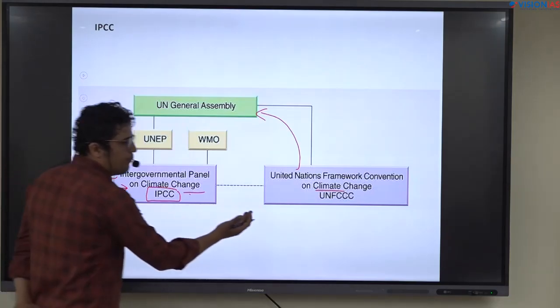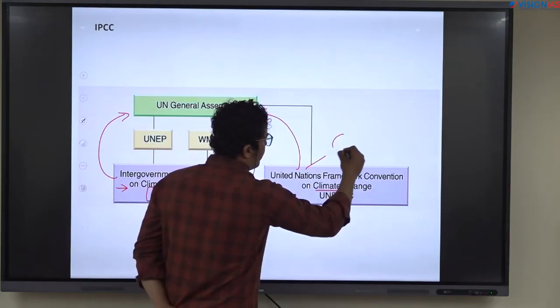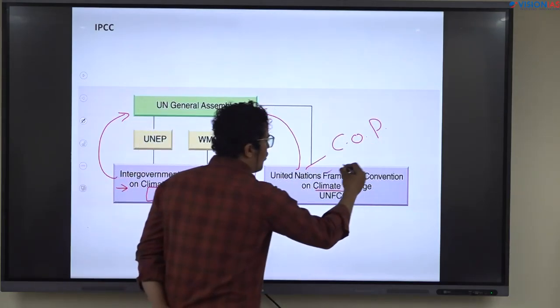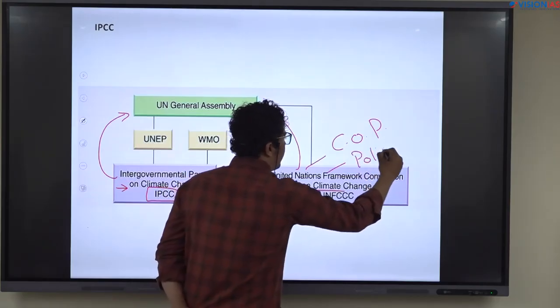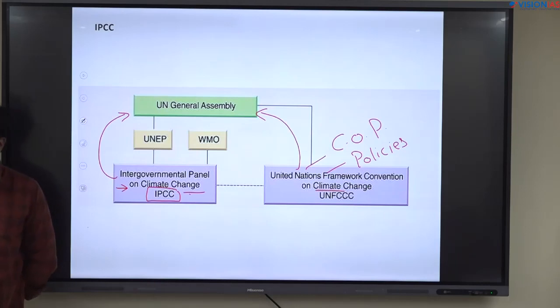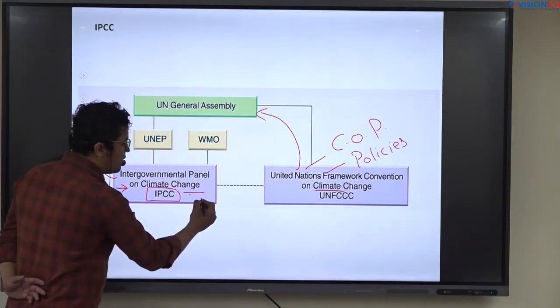You know about them. What is the role of UNFCCC? To organize COP, to make policies. This is what their role is. To organize meetings, to make policies. But what does IPCC do? IPCC is not a policy making organization.